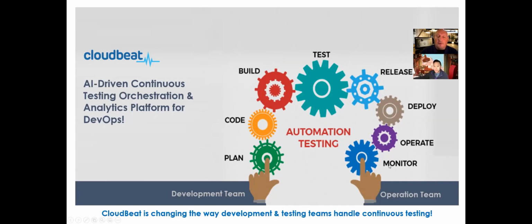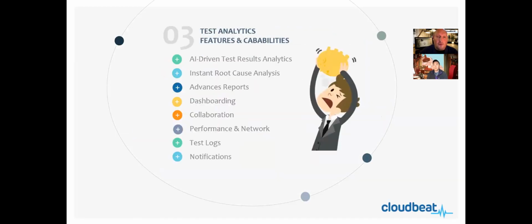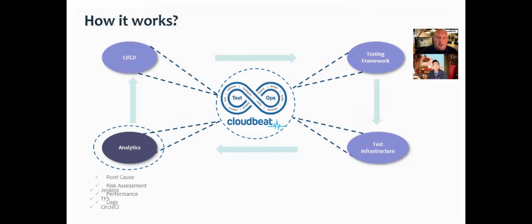Basically, an all-around tool covering the entire SDLC of test automation, from planning and coding to testing, deploying, and monitoring. By synthetic monitoring, I mean real user experience in production. We do it through two mechanisms.